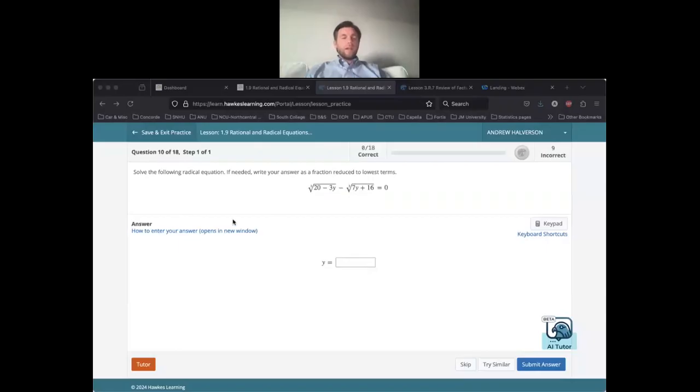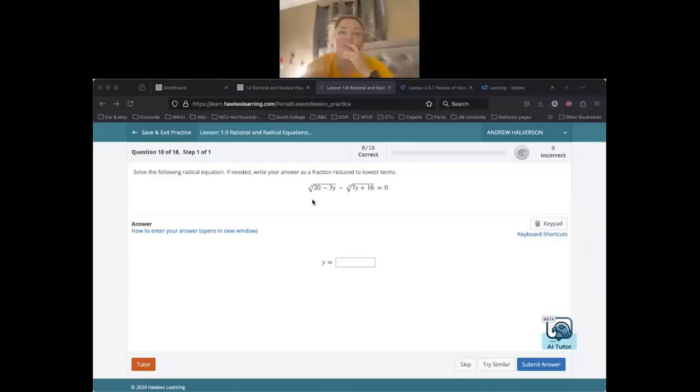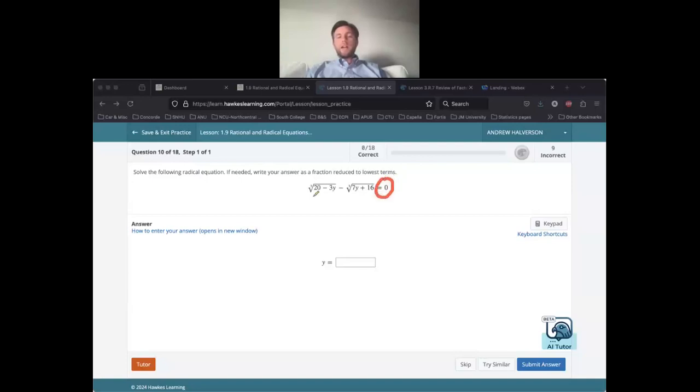The giveaway here. Oh, never mind. I thought you could square them out, but they have a 3 in either one of them. The cool thing here is this side is already 0. Remember what we said: if you're going to undo a radical, you've got to get this thing by itself on one side. You can only have one radical on one side.